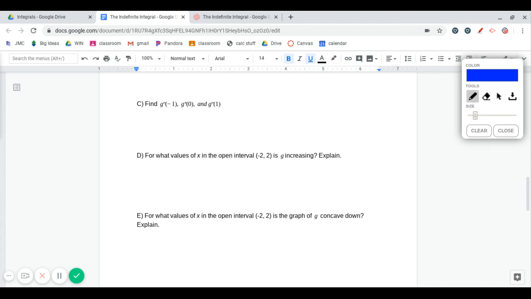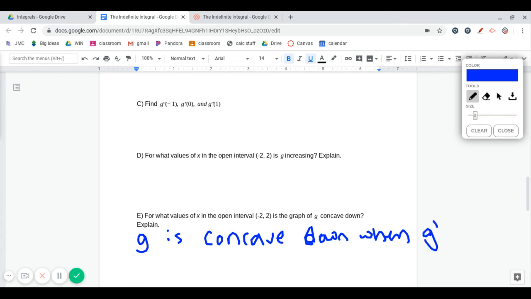So g is concave down when the second derivative of g is negative, or less than 0. Sorry, those are supposed to be a regular little g of x.